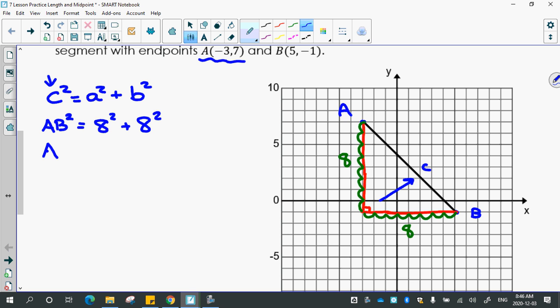So the distance from point A to point B squared is 64 plus 64. Remember, that's not 16, it's 8 times 8. And then 64 and 64 is 128. But then that's squared, so to undo square, we do square root.